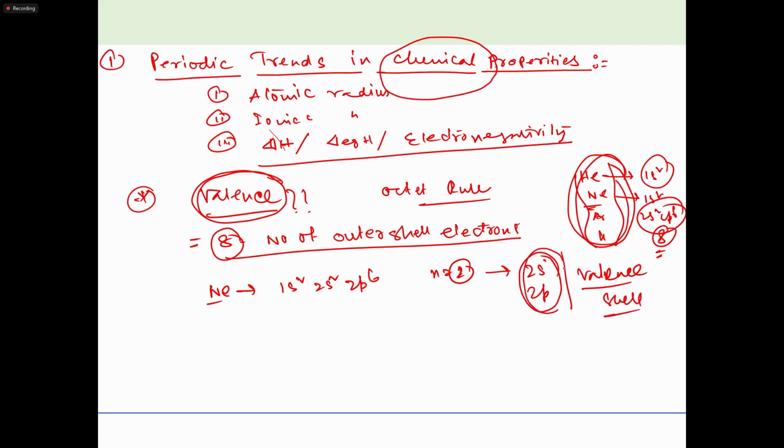Whatever electrons are present in these orbitals are called valence electrons. Here the 2s and 2p are the valence shell. Now the electrons, 6 plus 2 equal to 8. So these 8 electrons are the valence electrons. Now the valency here equals 0.